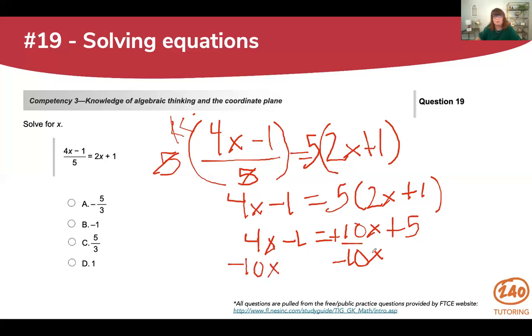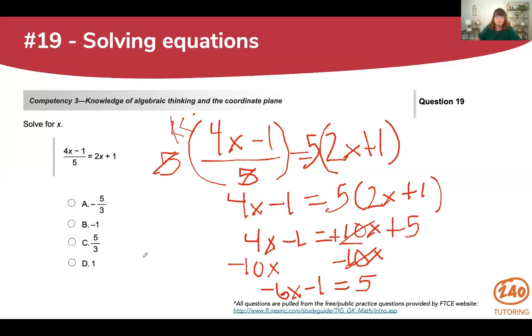I hope you're with me still. That's going to cause them to cancel out on this side. So I had a positive 10x, I'm going to do minus 10x. Negative 10x and a positive 4 is going to give me negative 6x minus 1 equals, and all I have left on this side is 5.